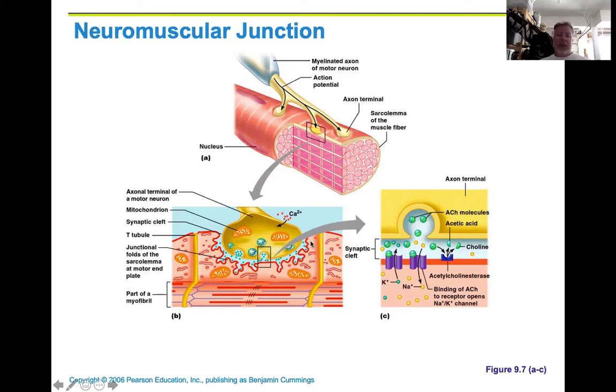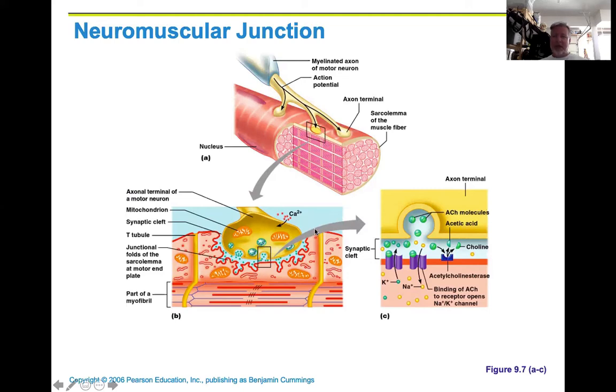Across the way on the muscle itself, because this is all nerve up here, this is my muscle. This muscle part down here is called a motor end plate. A motor end plate is a specific part of the sarcolemma. It contains the ACh receptors. There's my ACh receptors down here. And this whole thing helps form this neuromuscular junction. You have to remember that at the neuromuscular junction, these two don't actually touch.